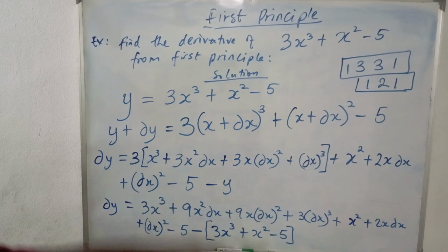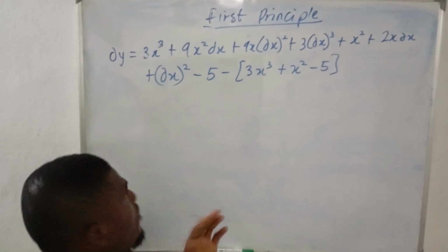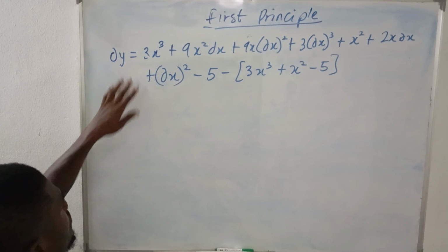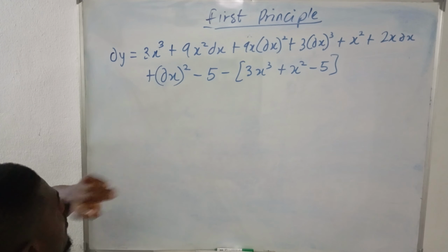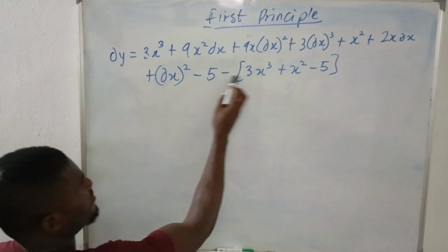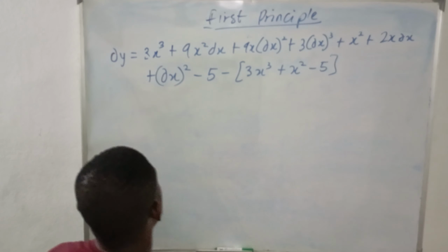Now, permit me to clean this up so that we can continue. Okay, so this is where we were solved to this point. Now, all we need to do is to subtract this, moving the negative sign into this equation.